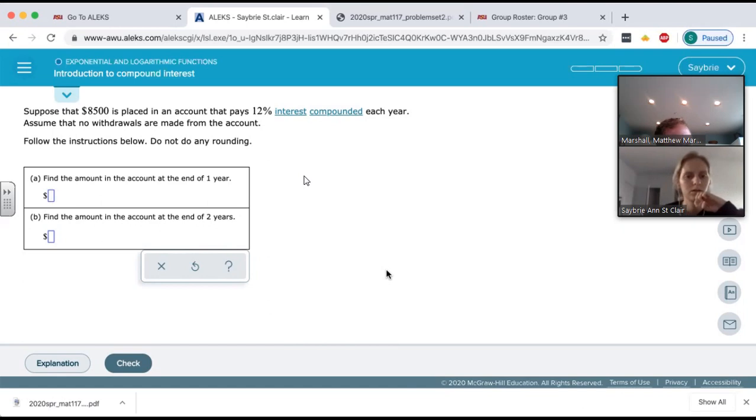And then if you take that and add it to that original 8,500, that's how much you have in the account. There you go. And then if you take that 9,520 and times that by 0.12 again, I get, looks like $1,142.40.